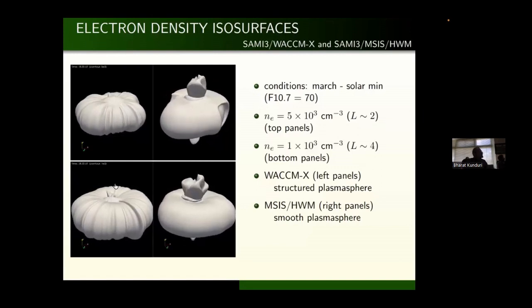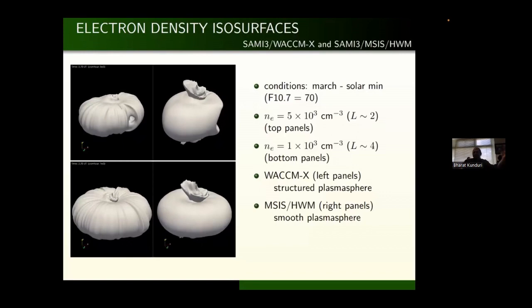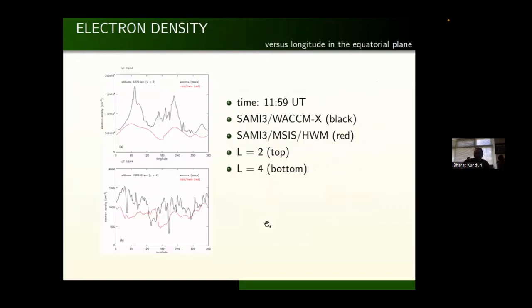So again, all of this structure is associated with atmospheric waves. It penetrates all the way up into space. These are just line plots of the electron density as a function of longitude. The red curve that's relatively smooth is the empirical models, MSIS and HWM, and the black curve is with WACCM-X and SAMI3.